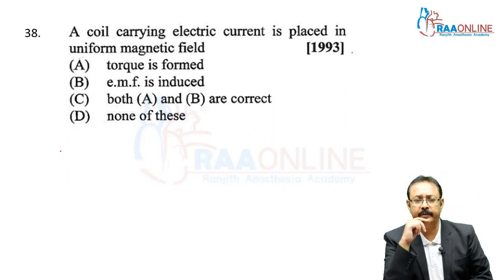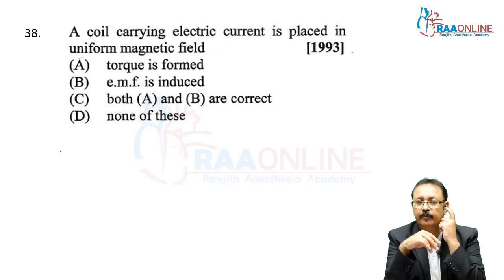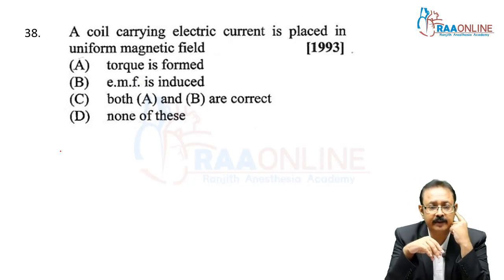1993 AIPMT. A coil carrying electric current is placed in a uniform magnetic field. What will happen? Again, the same type of problem we discussed there.